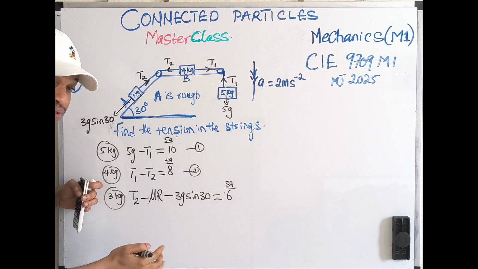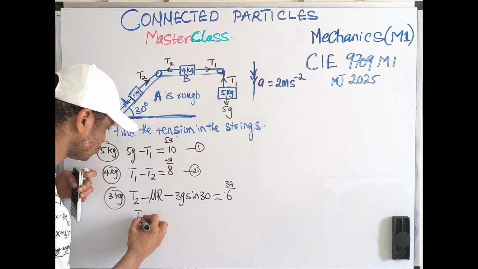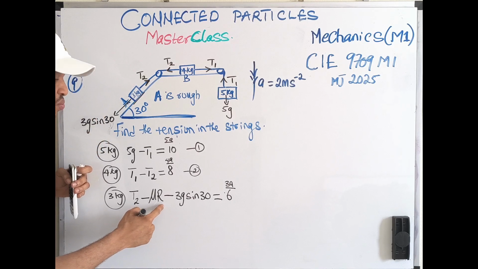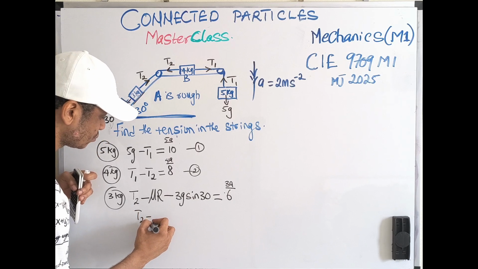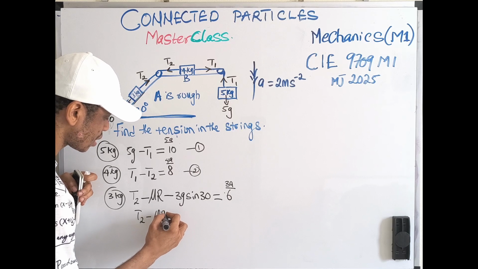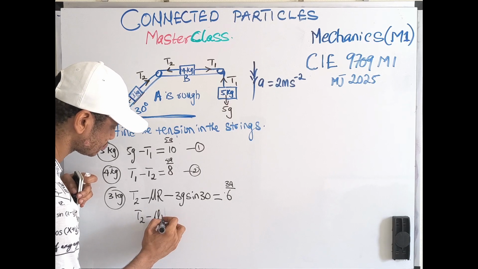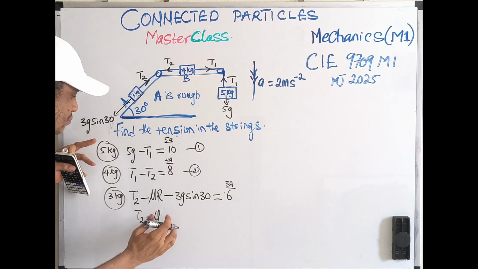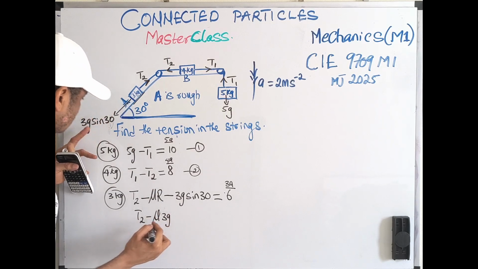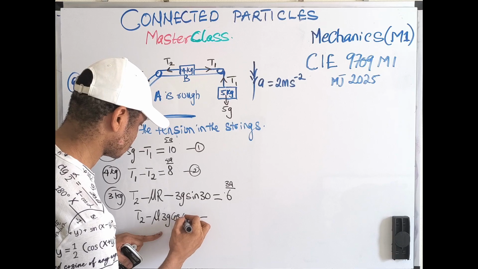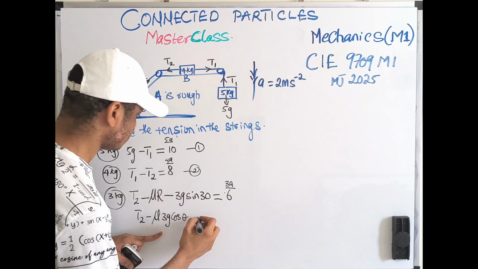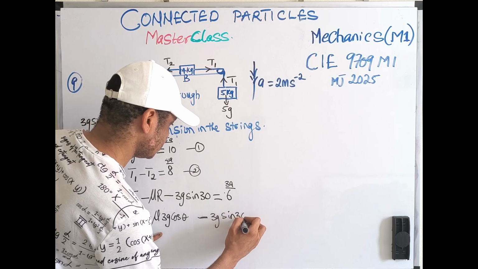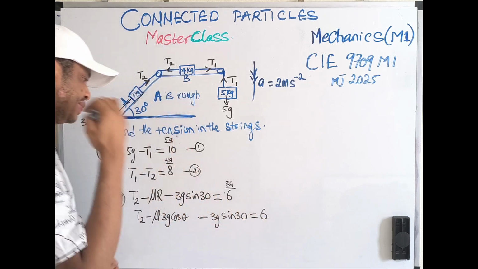Let me not call this equation 3 because I need to simplify. So T2 minus mu R, and mu R is mu mg, so 3G cos 30 minus 3G sine 30 is equal to 6.